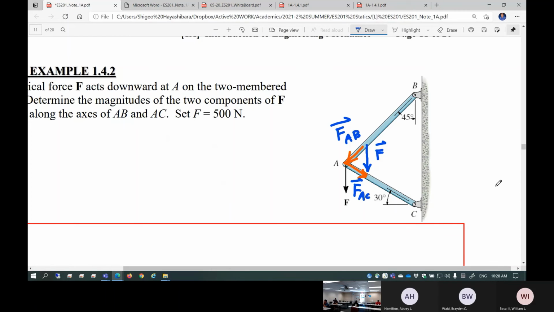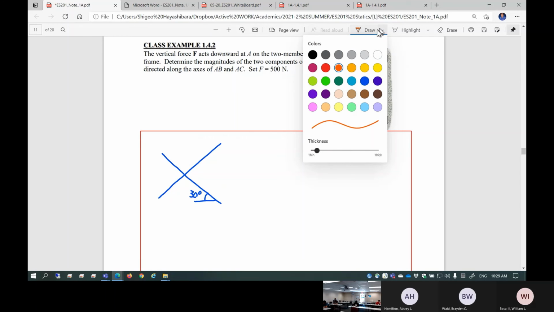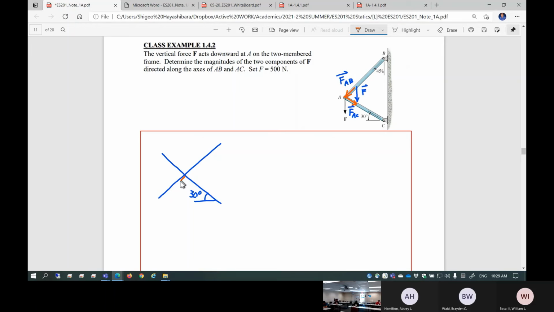Okay. So first of all, you are going to start with a sketch of this situation. You're going to draw a line for member AB. So this is the line corresponding to this member. And then you're going to draw a line for member AC. Well, you know this is 30. Along this line, you have force FAB.